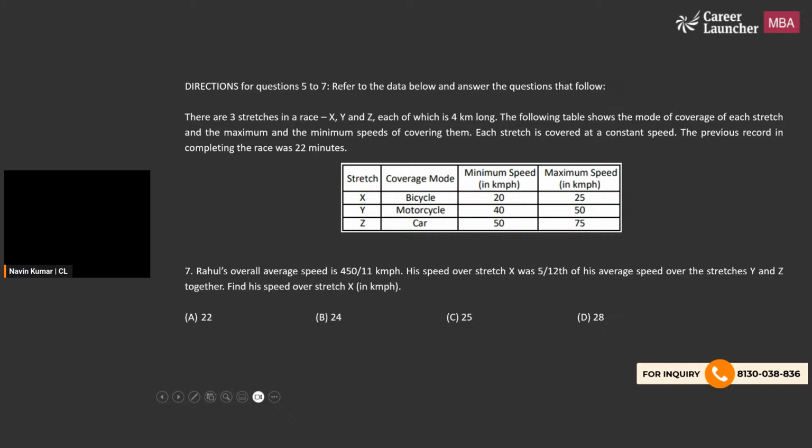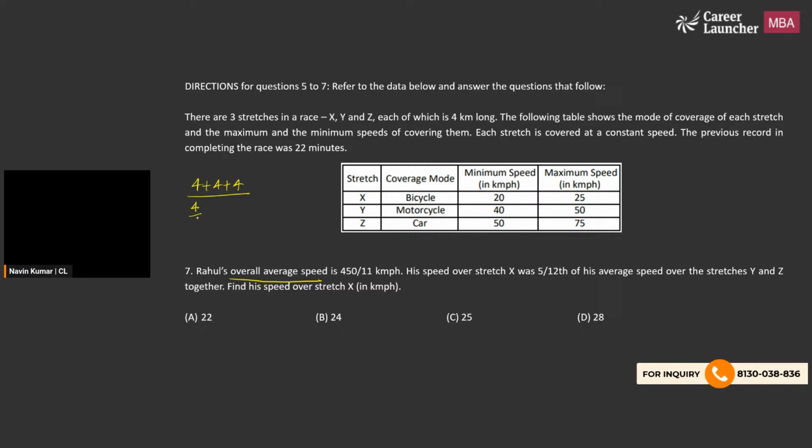Next, Rahul's overall average speed is 450 by 11 kilometers. His speed over stretch X was 5/12 of his average speed over the stretches Y and Z together. Find his speed over stretch X in kilometers per hour. So how do we find the overall average speed? Total distance, which is 4 plus 4 plus 4, divided by total time.